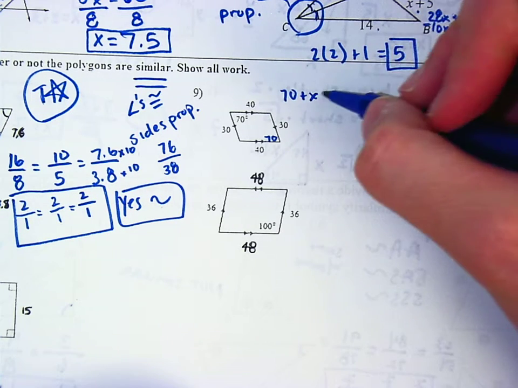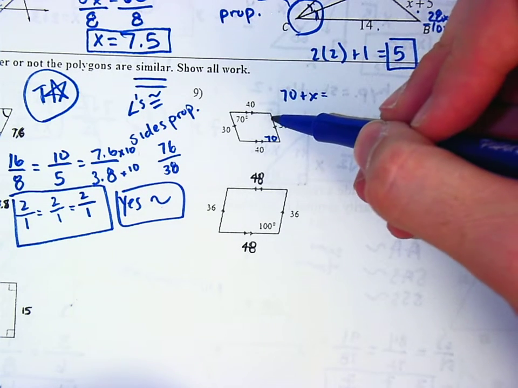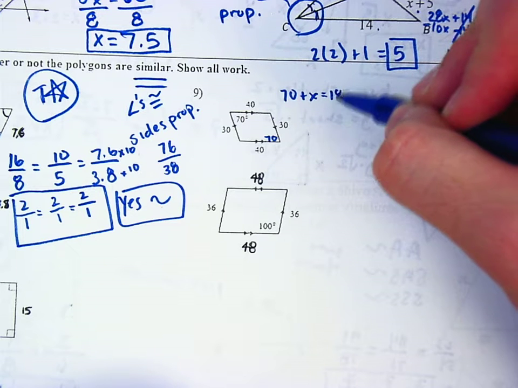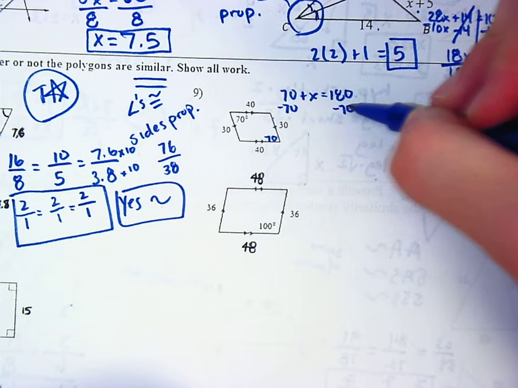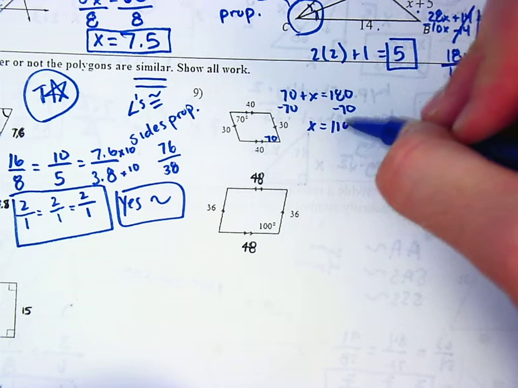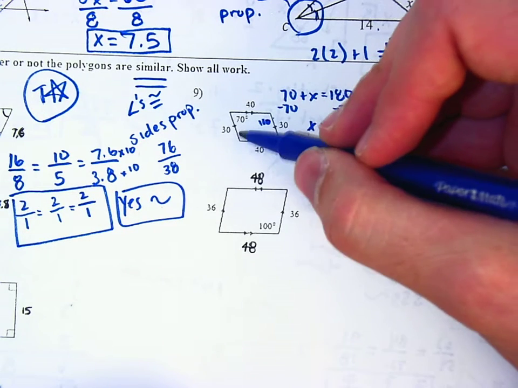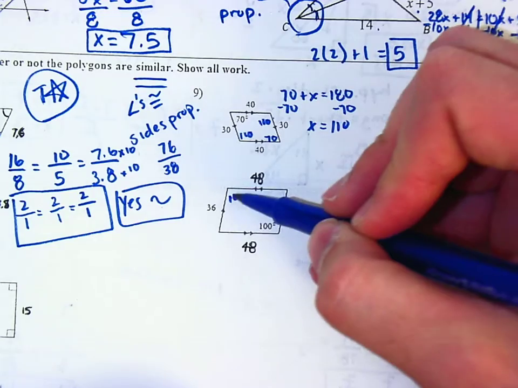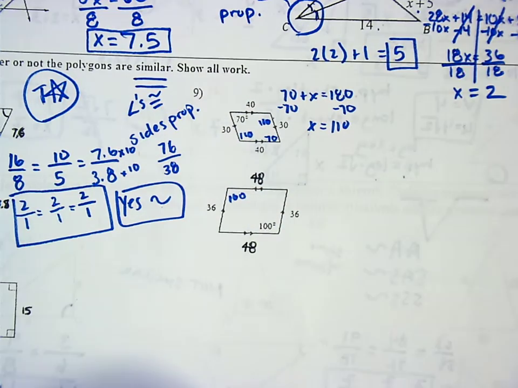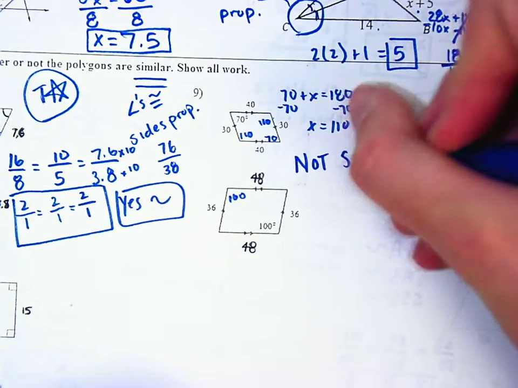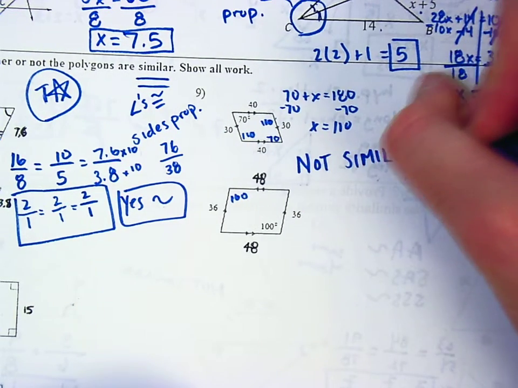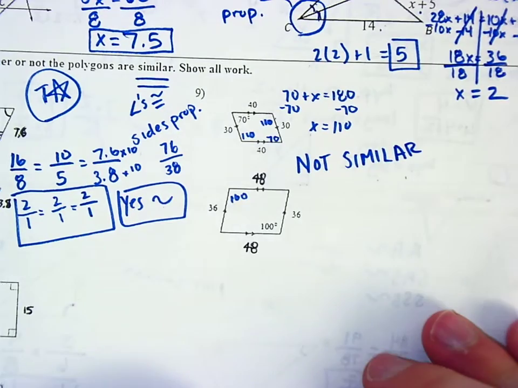So 70 plus x, that remaining angle, equals 180. Well, if I subtract 70 from both sides, I get x is 110. So already, just by checking our angles, we can see that we have no congruent angles. So these are not similar. And we didn't even have to set up a proportion.